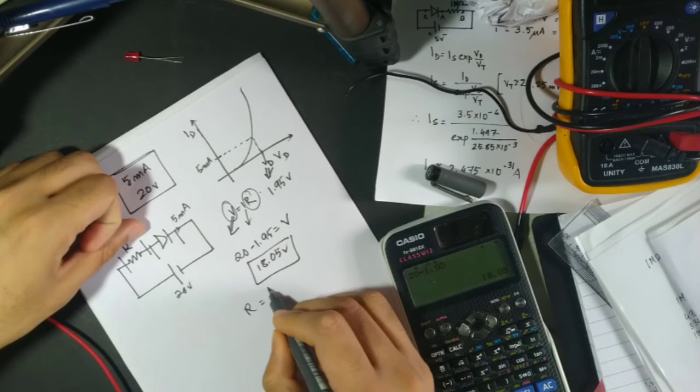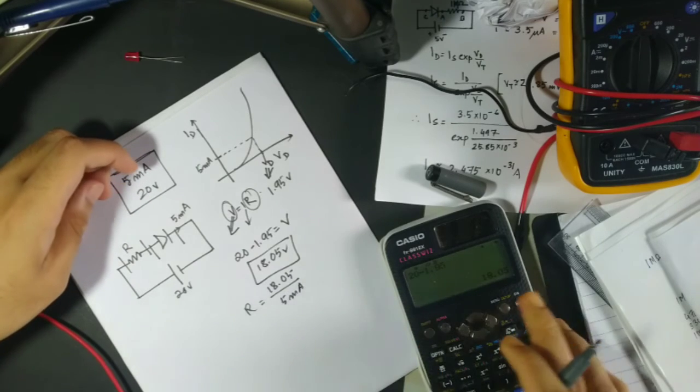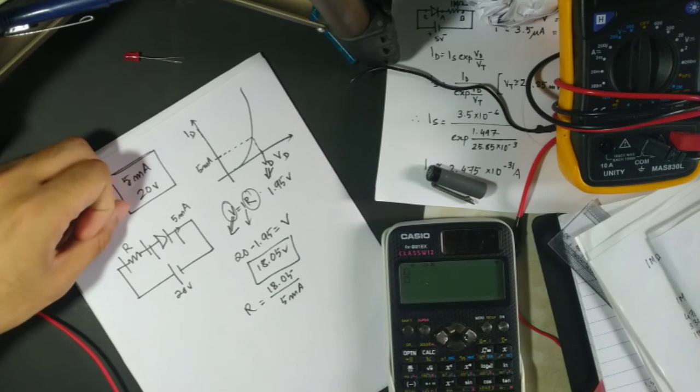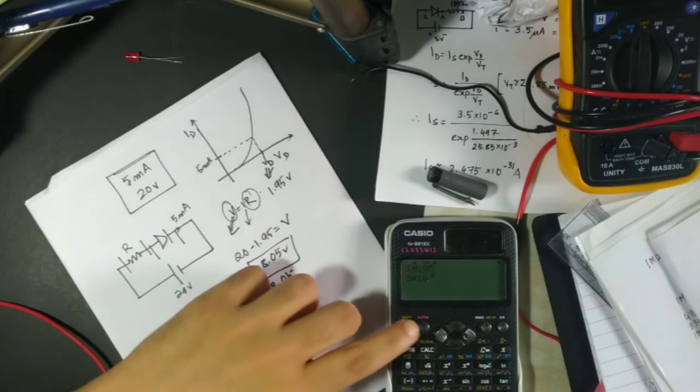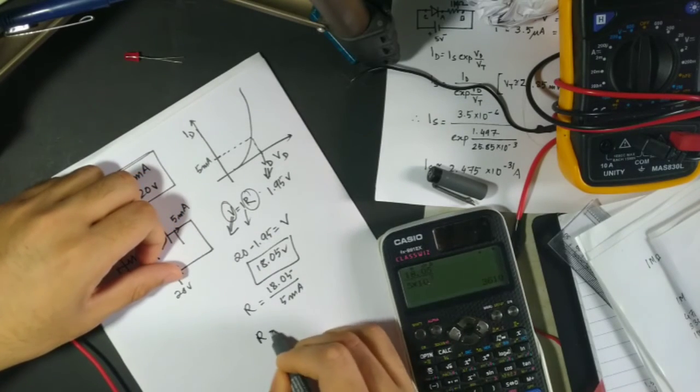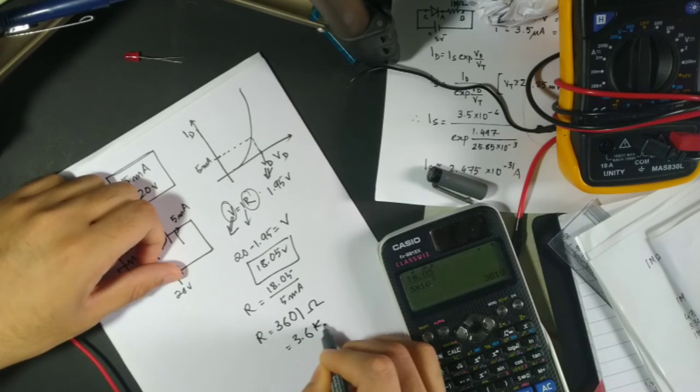Now to find R, I simply have to put the values in the equation. I know V, which is 18.05, and the current, which is 5 milliamperes. So R is 3601, which is about 3.6 kilo ohms.